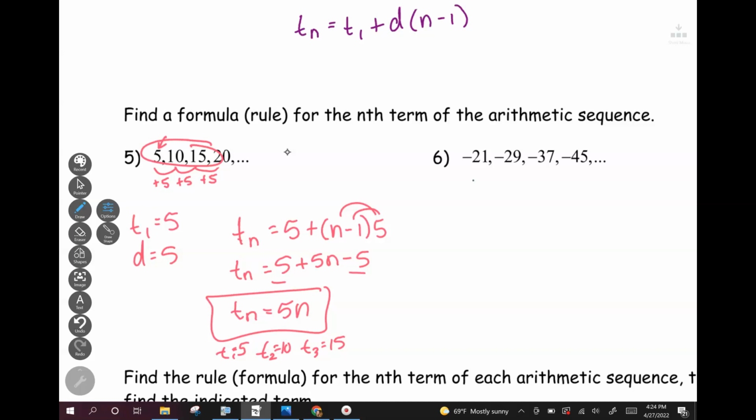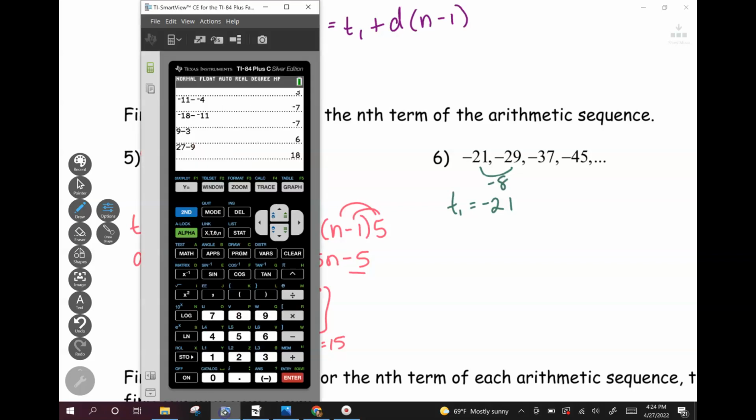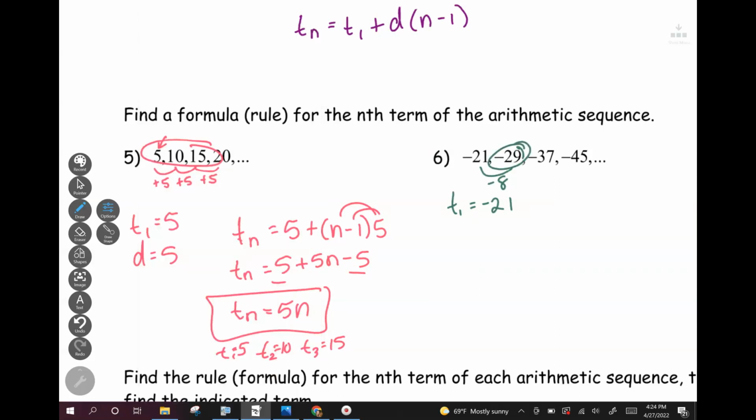Okay, we want to get the first term. So t1 is negative 21. To get from negative 21 to negative 29, you subtract 8. Now, if you couldn't figure that out, you just want to type it in your calculator. You do the term 2 minus the term 1.